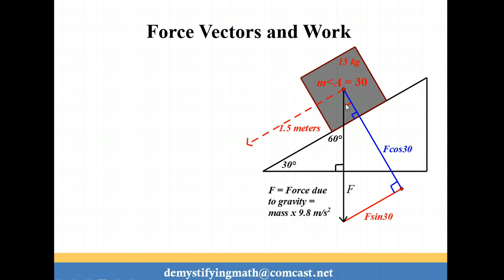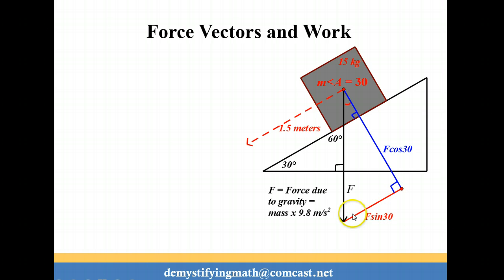Since we're looking at a right triangle, we can use right triangle trig. The sine of 30 is equal to the opposite over the hypotenuse. So that means this length, the opposite side, must be the force vector times the sine of 30. So we have F sine 30 for this length.